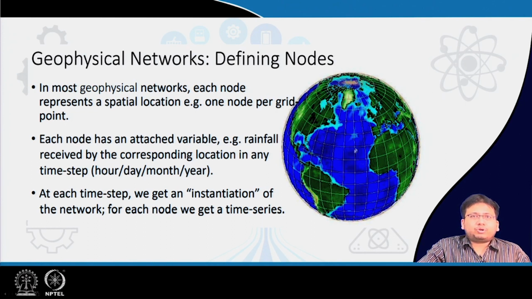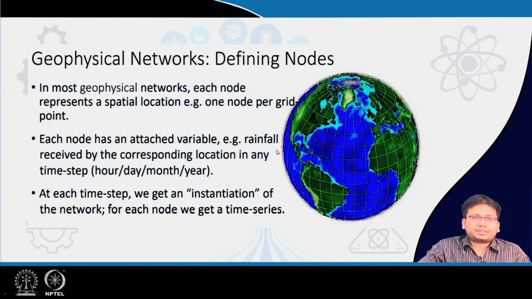Now, if two nodes or two regions are close to each other or adjacent to each other, we can connect them using an edge. Also, each node has an attached variable, for example, rainfall received by the corresponding location in any time step, say this location or this location and so on.